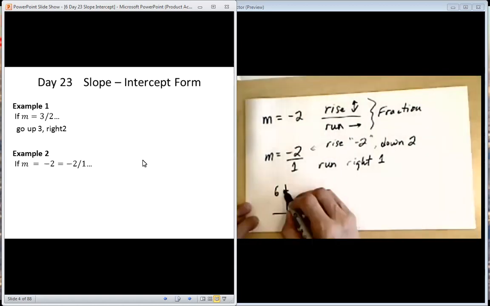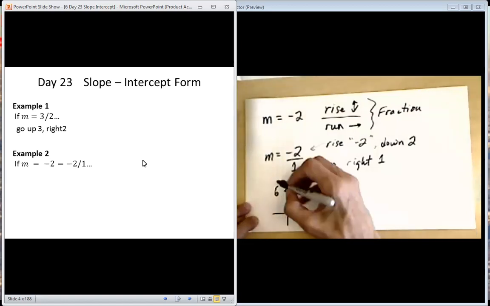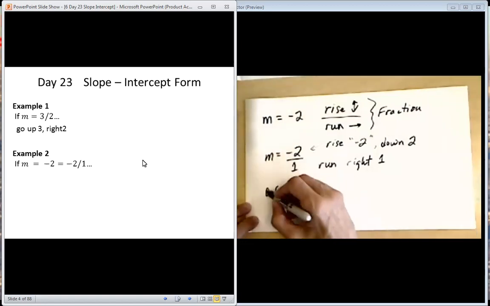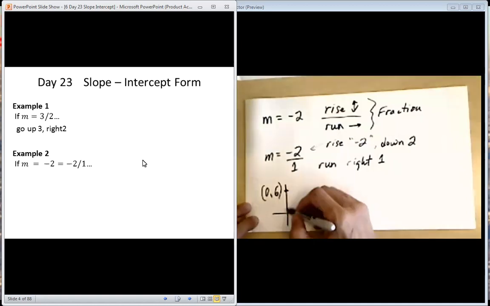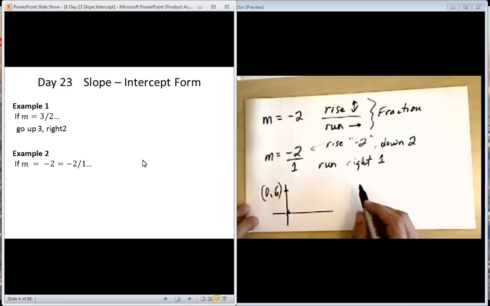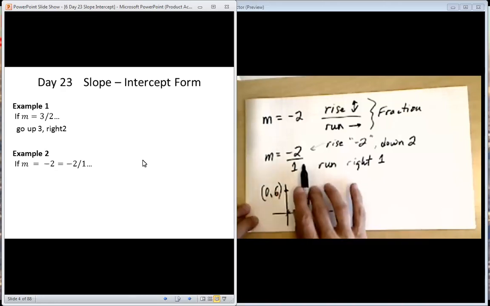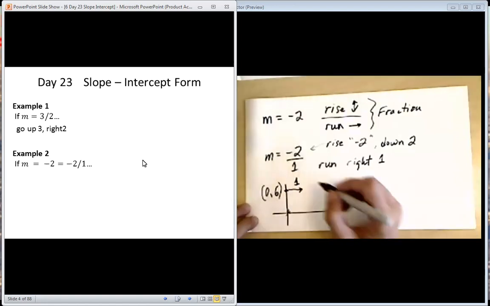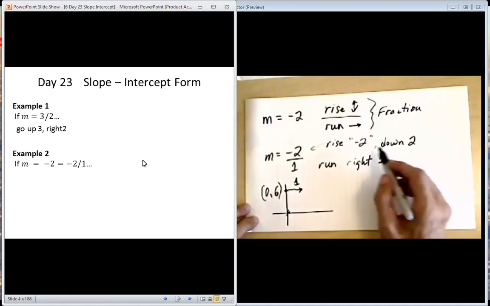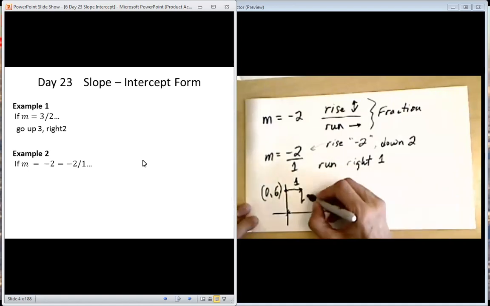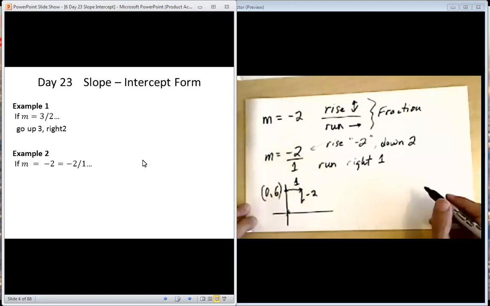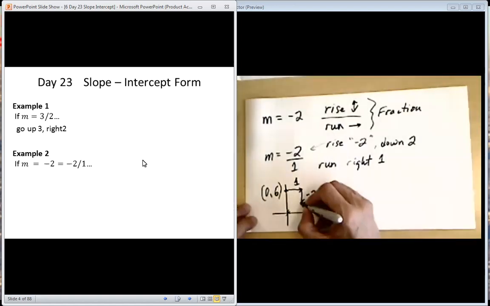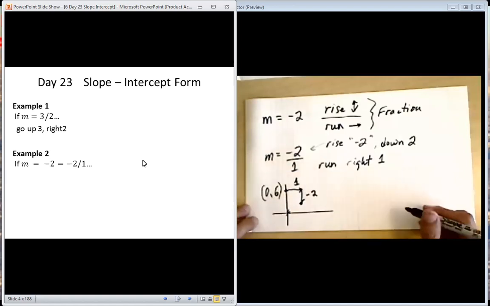That's our starting point. And so the coordinate there will be 0 and 6, because it's right on the y-axis. To get to this point, you don't have to go to the right or left at all from the origin. You just go straight up. And then we're going to do this. You go to the right by 1 like that. Then you go down by 2. That finishes up. You're located here. That's the final spot.